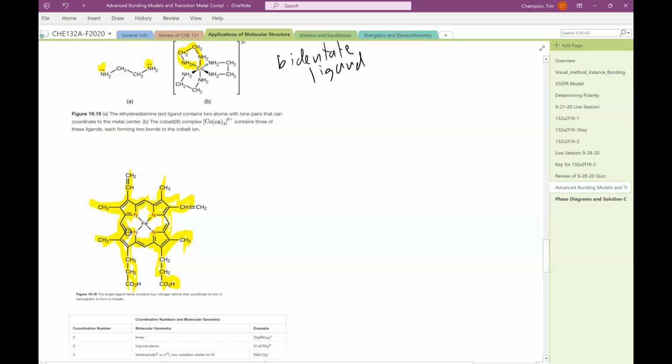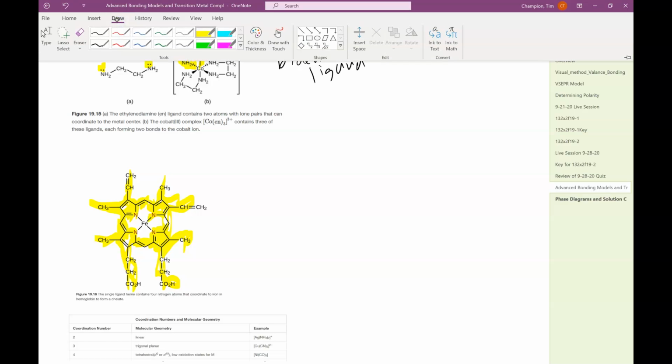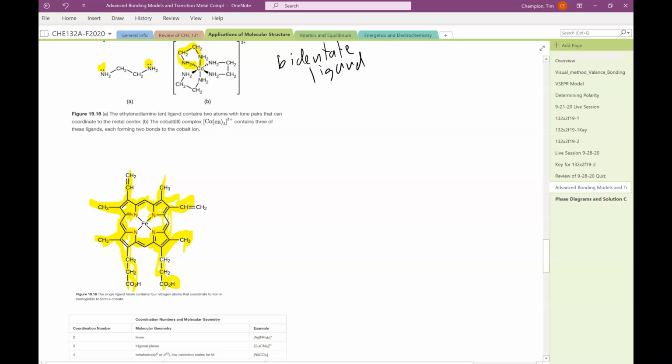So that whole thing that I've highlighted there, everything except for the iron, is a ligand. And so if I ask you to classify it in terms of its dentateness, what would you come up with? There's 4 places where it bites the ligand. So this is called a tetradentate ligand.